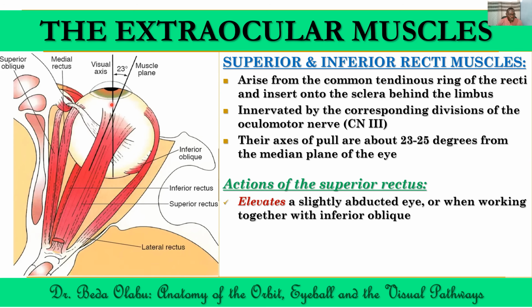It may also work together with the inferior oblique simultaneously. We are yet to talk about the inferior oblique, but it's this one here. If the inferior oblique is acting and the superior rectus is also acting, they will both elevate the eye.